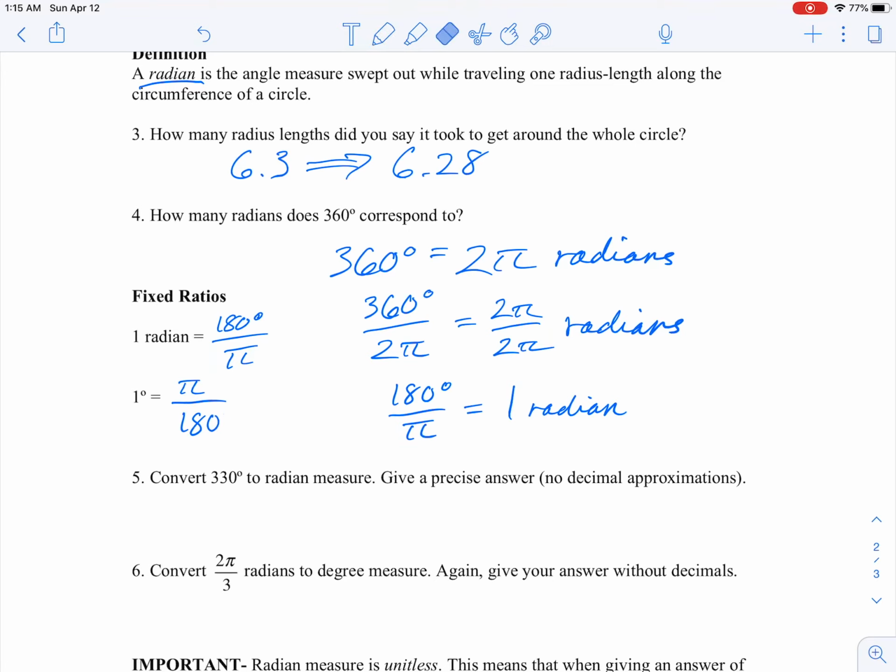That should not be there. 1 degree is simply pi over 180 radians. Back to our conversions. Convert 330 degrees to radians. So we'll do 330 degrees, and we know that 1 degree is pi over 180. That wasn't a typo. That should have been there.